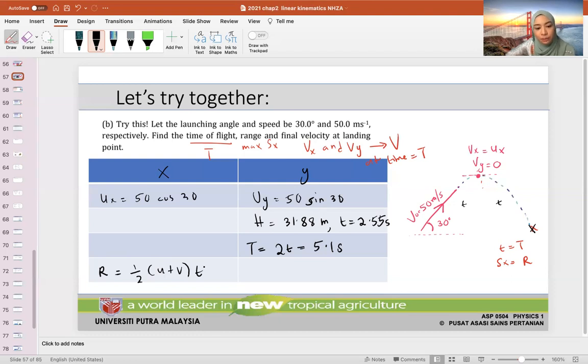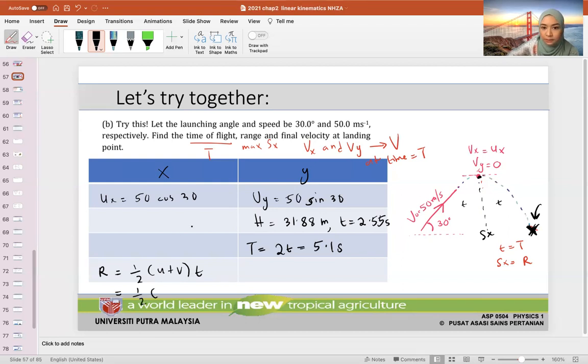What time should I put in here? 5.1, because I am trying to find the displacement over here and the time that corresponds to this point is 5.1. Tak boleh pakai 2.55 sebab saya cari kat ujung ni. Kalau saya cari kat sini punya Sx, then saya pakai 2.55. But I'm not interested in that point. I'm interested in the landing point, which happens at time 5.1 seconds. So I use that time.